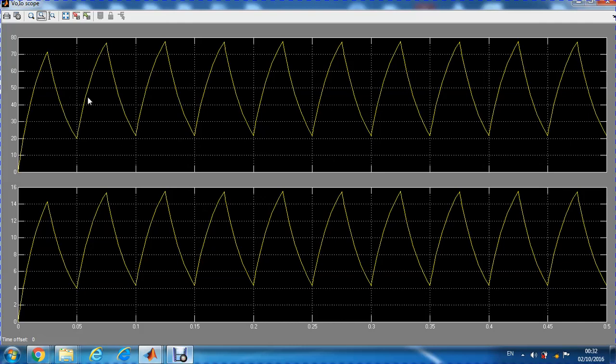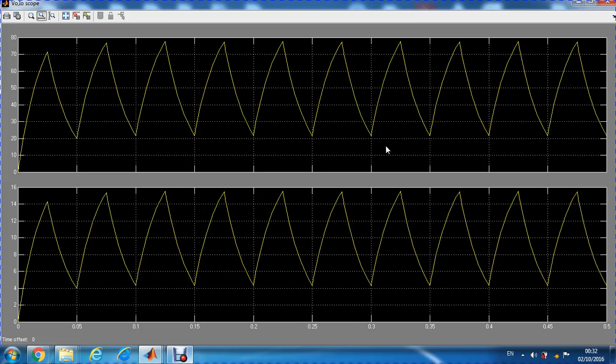Yes, if we have a look here, we will see the voltage going between the peak value of 75 and a minimum value down to 22, which is good. And the current as well, the maximum value is around 15 and the minimum value is around 4.